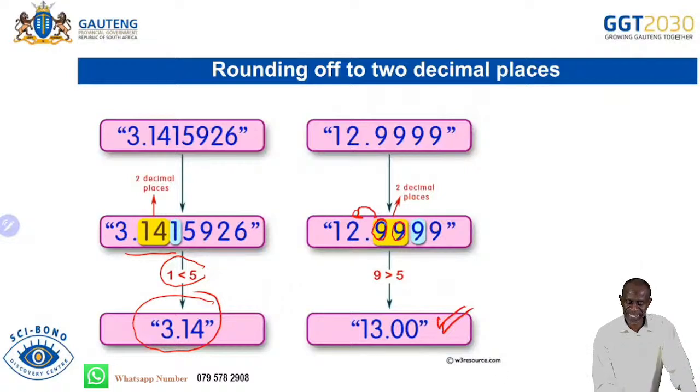Just note these changes. So if it's above 5, then it increases the next digit on the left, and eventually it will affect the whole total. So that's how you go about rounding off to 2 decimal places. So in any given calculation, you'll be expected to give 2 digits after the comma, 00 as seen here.